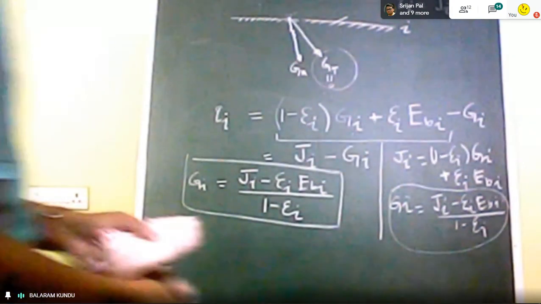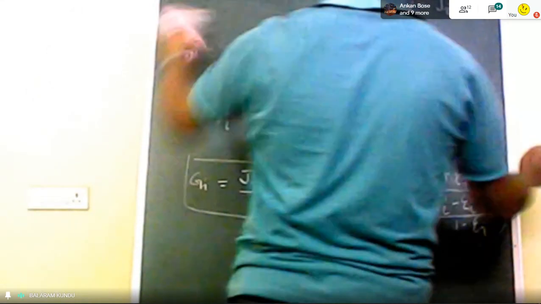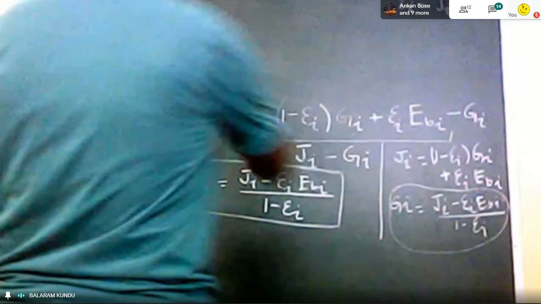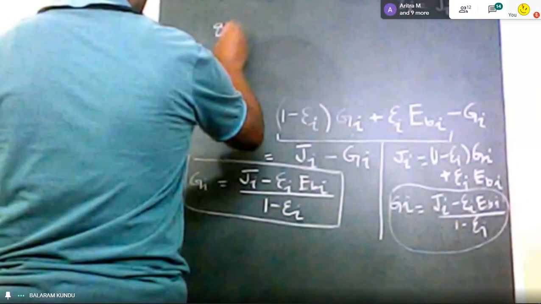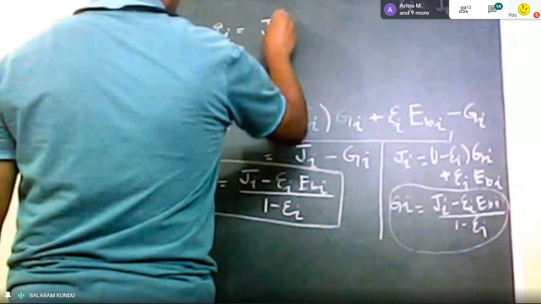So the net radiation flux leaving a surface, Qi, should be equal to Ji minus Gi.